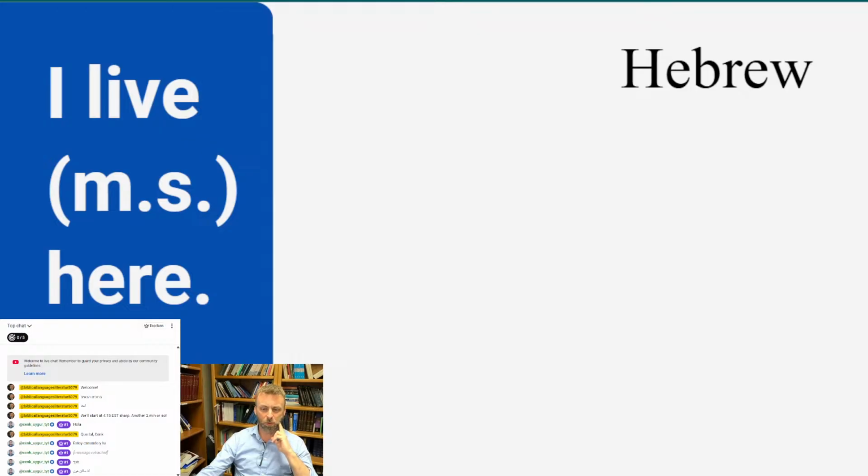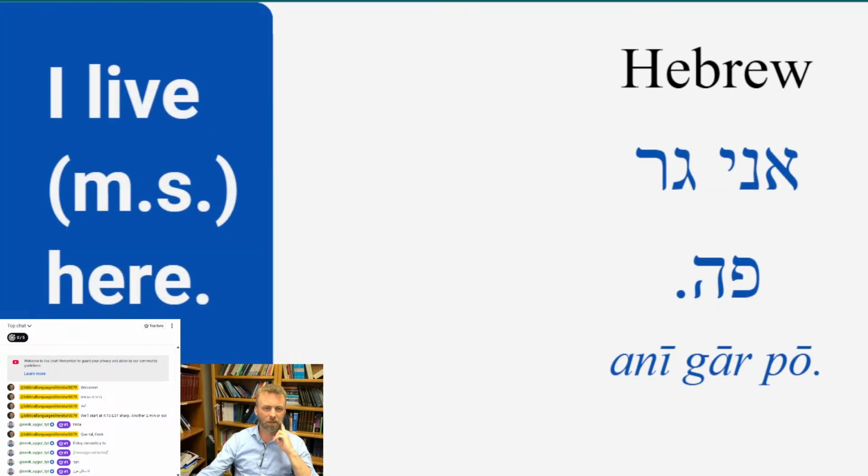Now in Hebrew, let me switch over to the Hebrew and allow you to think about that for a minute. See, this is great. So this is all cumulative. Okay. And we have ani gar po. Okay. Ani means I. Gar is the masculine singular form.